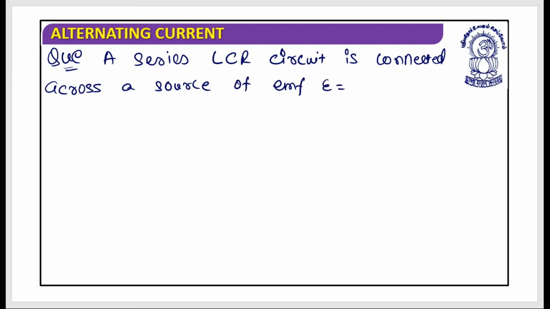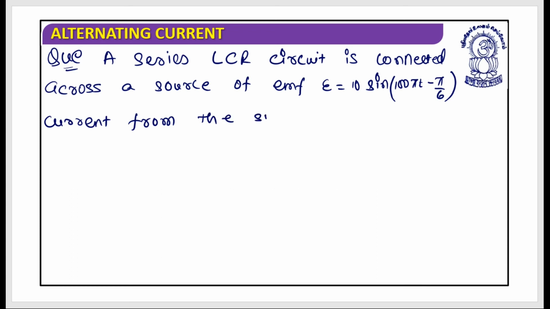E is equal to 10 sin (100 pi t minus pi by 6), and the current from the supply is I is equal to 2 sin (100 pi t plus pi by 12) ampere.